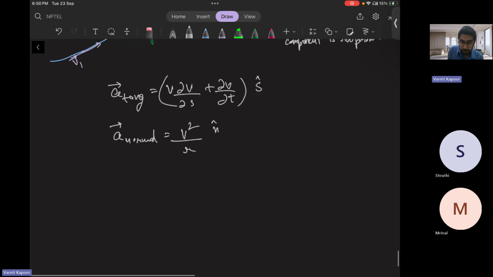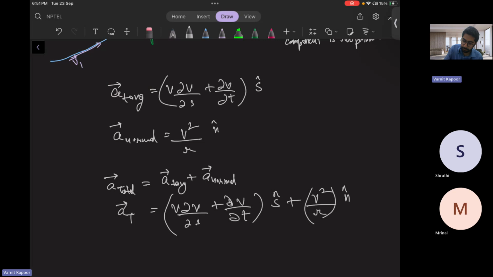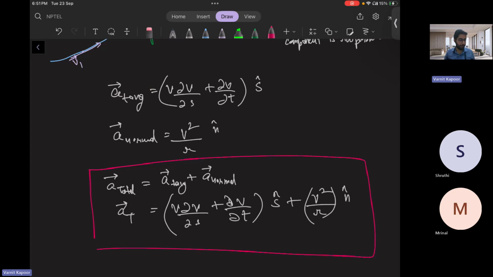So A total can be written as A tangential plus A normal, that is v dou v by dou s plus dou v by dou t, s cap, plus v square by r, n cap. Okay, and this is your A total, the total acceleration.